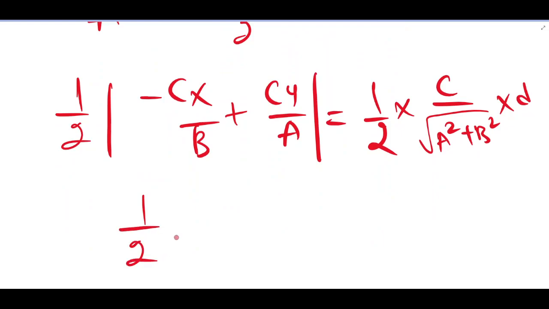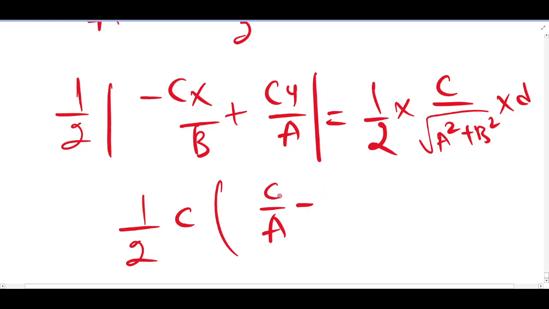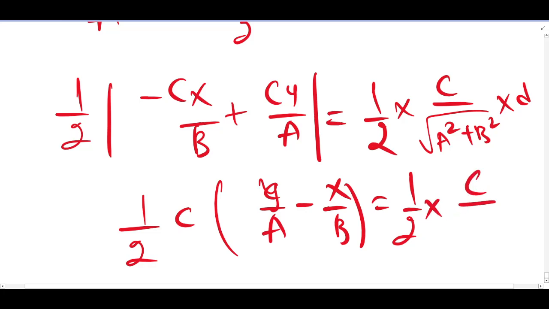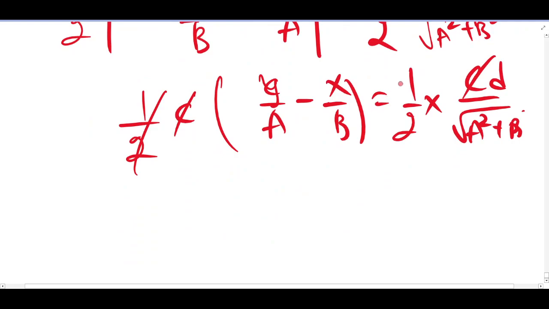So half c bracket c by a minus y by a minus x by b is equal to half into c cross d divided by root of a square plus b square. So cancel out c and half.